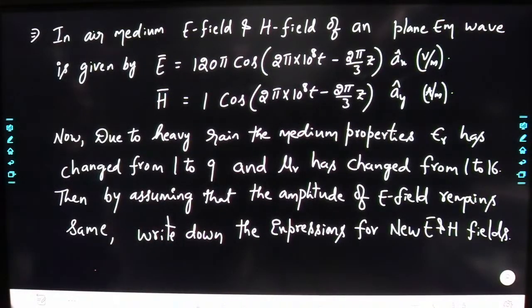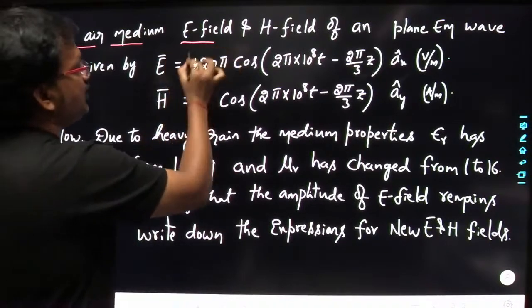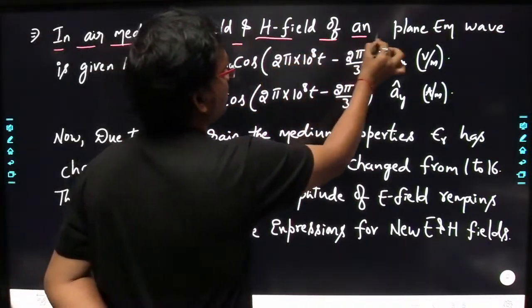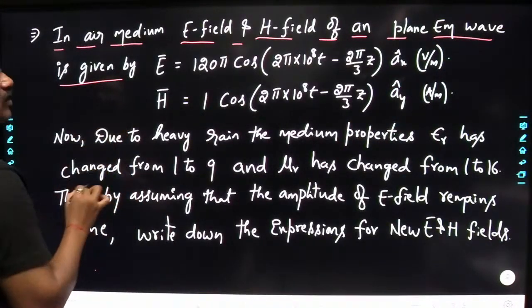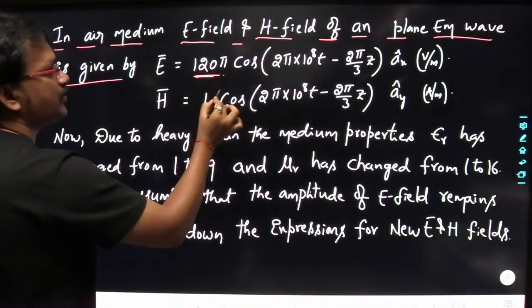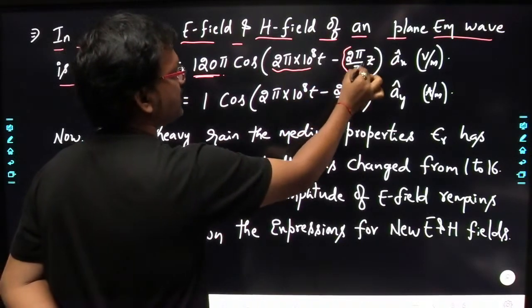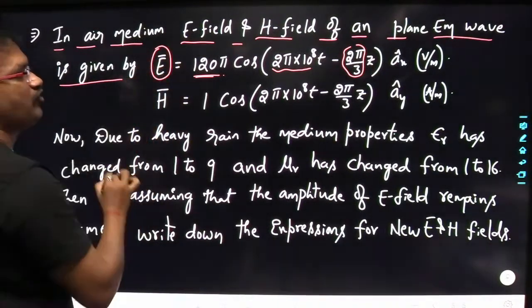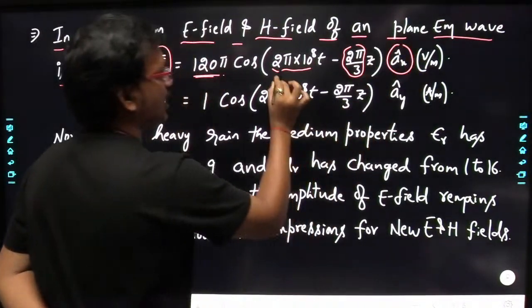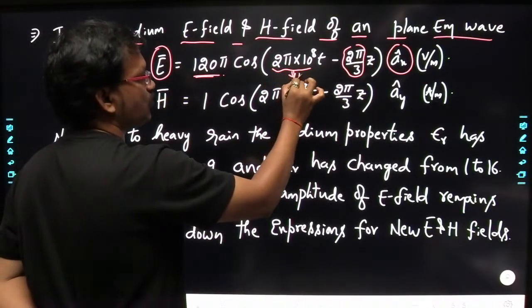So see here, this is the question they are asking. In air medium, the electric field and magnetic field of a plane electromagnetic wave is given by E bar is equal to 120 pi into cos of 2 pi into 10 power 8 t minus 2 pi by 3 into z ax cap volt per meter. So the electric field is pointing in ax cap direction and the wave is propagating in positive z direction. 2 pi into 10 power 8 is nothing but the omega value.